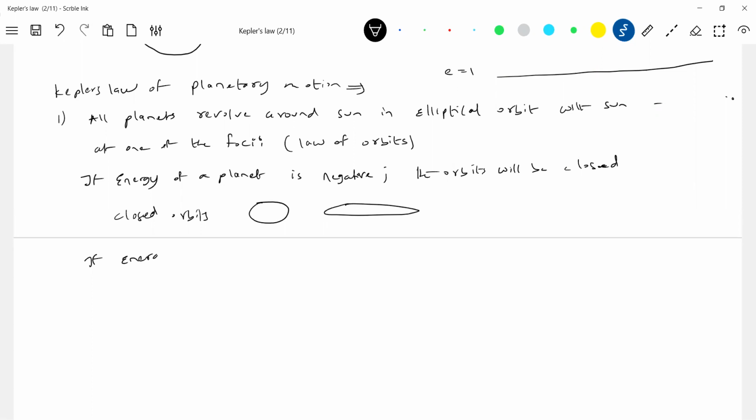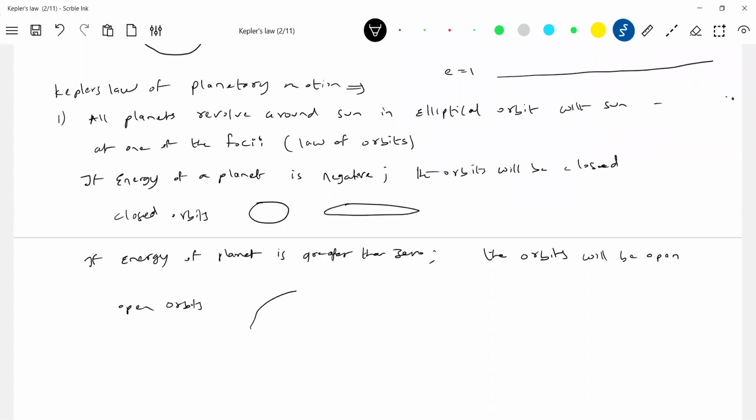Next, there is one more condition. If the energy of a planet is greater than 0, the orbits will be open. What do you mean by open? What are open orbits?